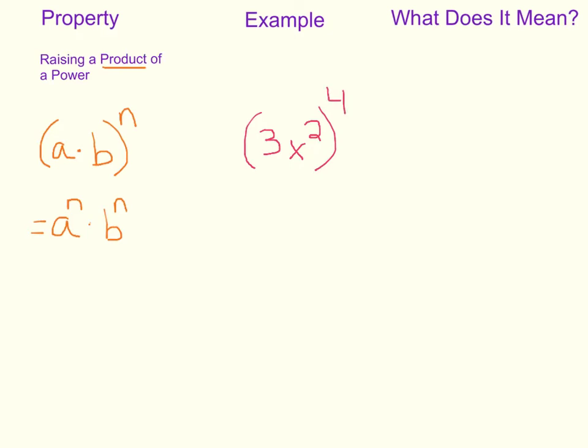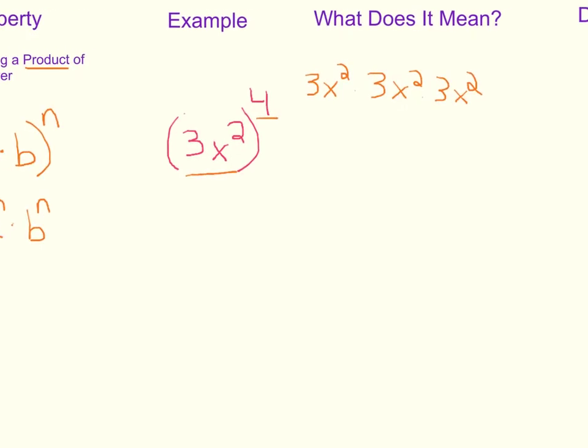And if you think about what that means, this exponent means you have everything inside parentheses 4 times. So 3x squared times 3x squared times 3x squared, squeeze one more on there, times 3x squared.